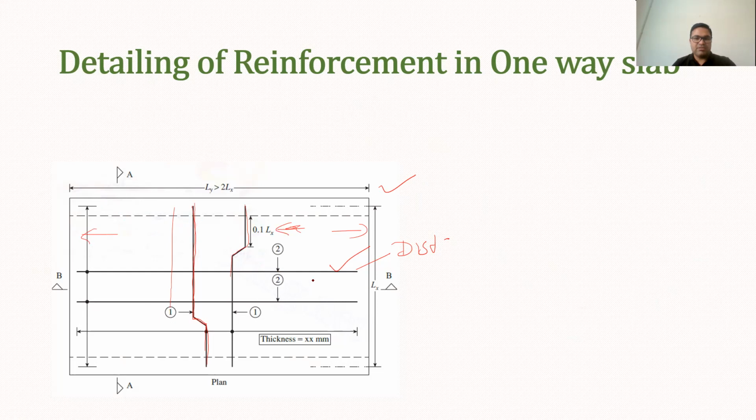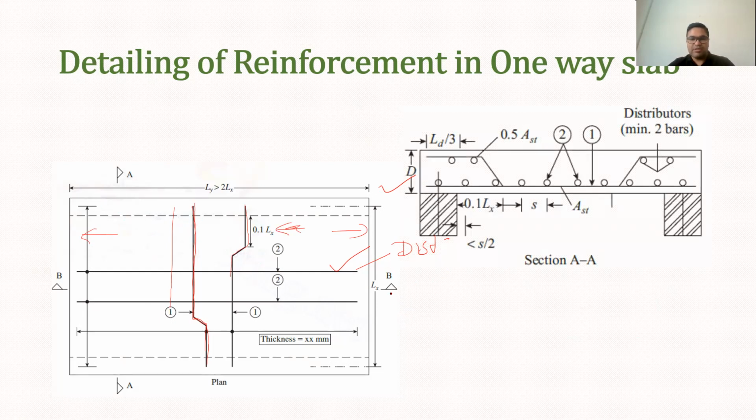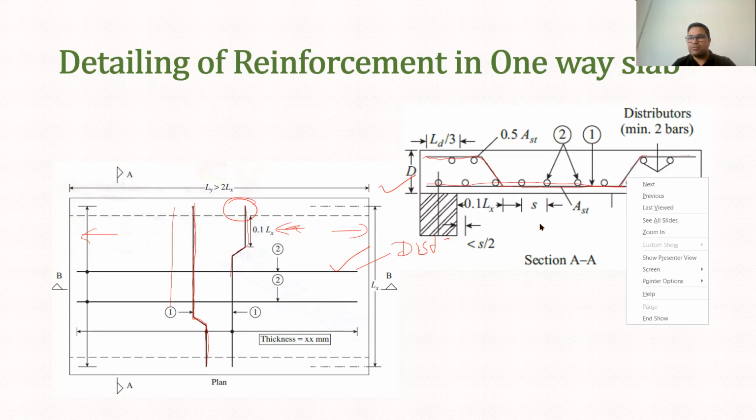If we cut the section to see how these bars are provided, if we first look at the section AA, here you can see one bar is coming like this and then bending like this. Similarly, the second bar is coming like this and then bending like this. So this is how this reinforcement is provided.